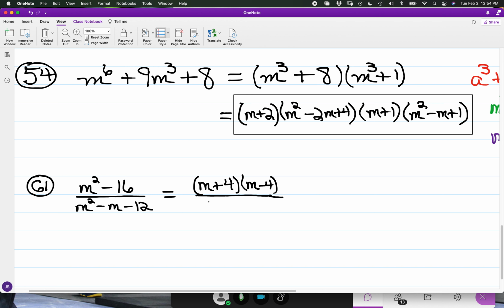For m squared minus m minus 12, if I factor, we'll have m minus 4 times the quantity of m plus 3.